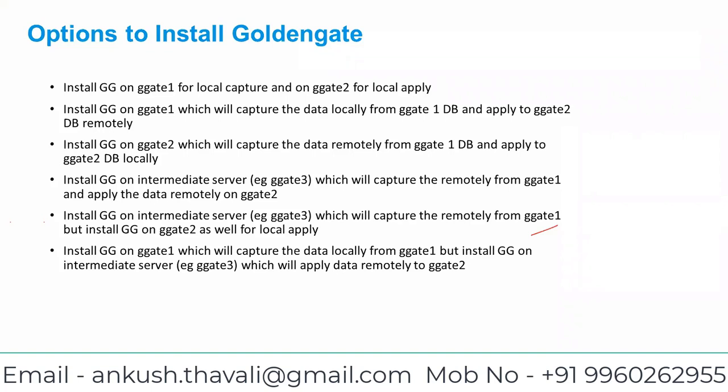Now there is another option you can use for Golden Gate: as a hub. Golden Gate as a hub means, say for example, you have 100 databases. One option is local capture and local apply, where you do 100 Golden Gate installations on all 100 servers. So you have 100 servers and 100 databases.